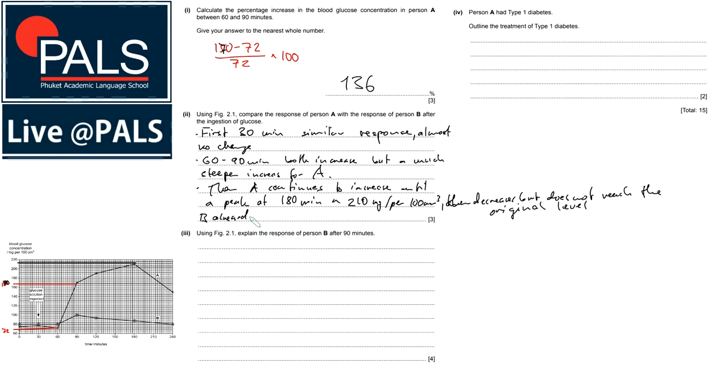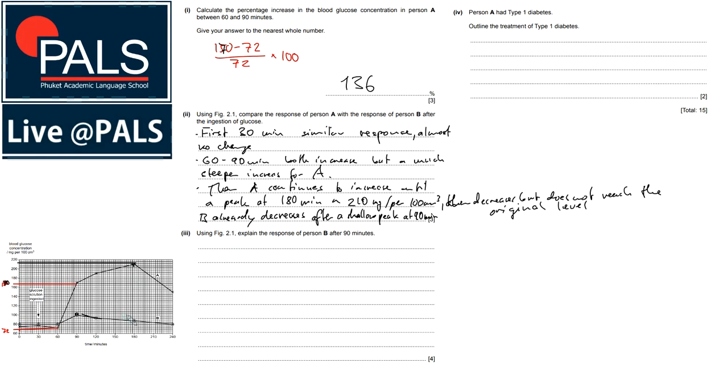B already decreases after a shallow peak at the 90-minute mark. Now we can see for person B, he already starts to decrease at the 90-minute mark, slowly back to normal, whereas A continues to rise until the 180-minute mark. Using figure 2.1, explain the response of person B after 90 minutes.